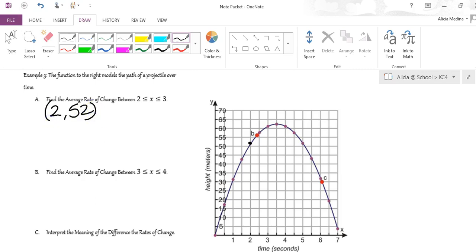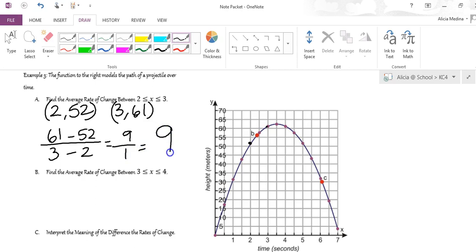When x is 3, my y value is around 61. Then we want to find the average rate of change. So I'm going to take 61, subtract 52 on the top, over 3 minus 2. 61 minus 52 is 9, and 3 minus 2 is 1. 9 over 1 is 9.